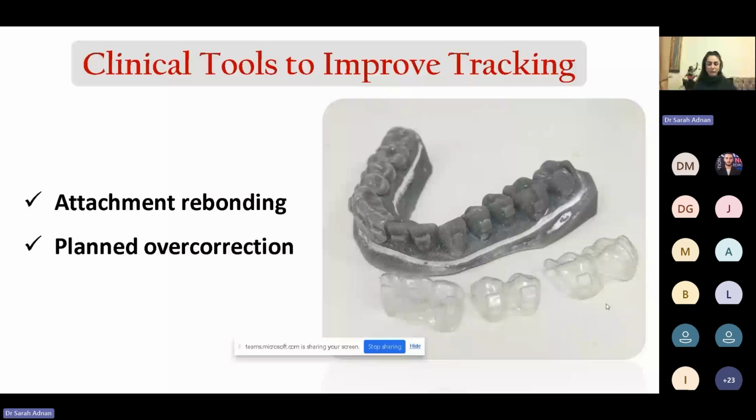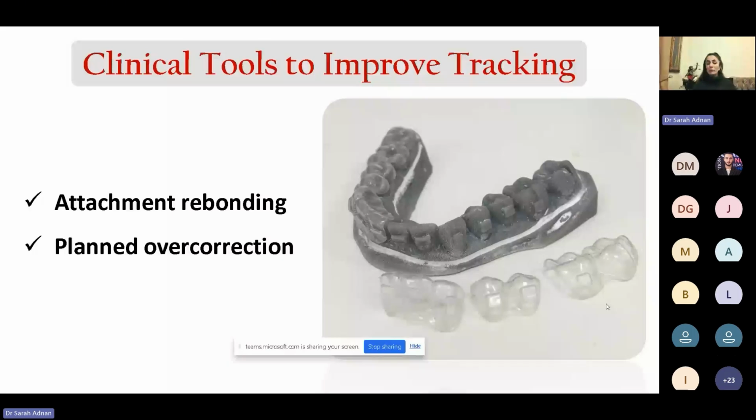For rebonding of the attachment, planned overcorrection is also essential because aligners are made of plastic. They are unable to fully express the planned tooth movement.